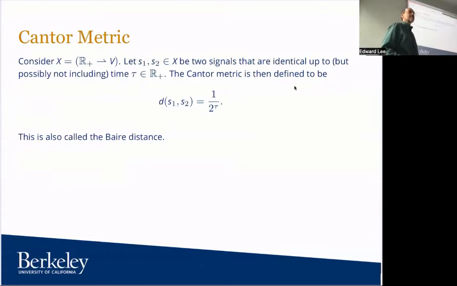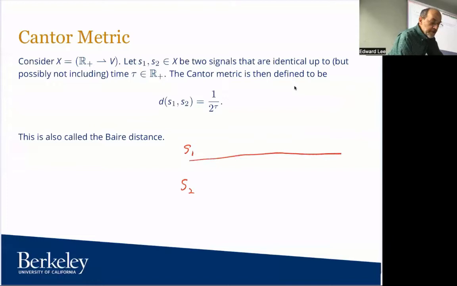Cantor metric. Suppose that I have two signals, S1 and S2. These are functions of tags. Let's assume the tags are, think of them as time.